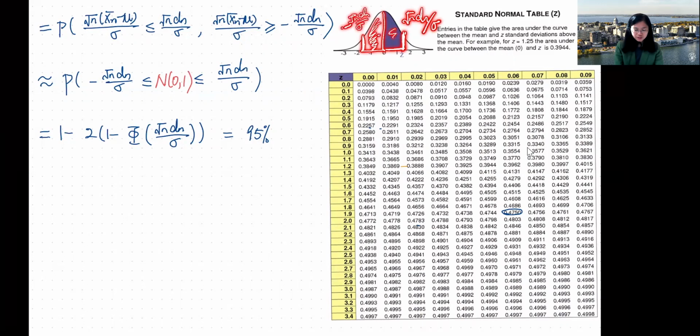These two parts have equal probability due to the symmetry of the standard normal. Therefore, this probability equals 2 times the probability that the standard normal is between 0 and root n Dn over sigma.